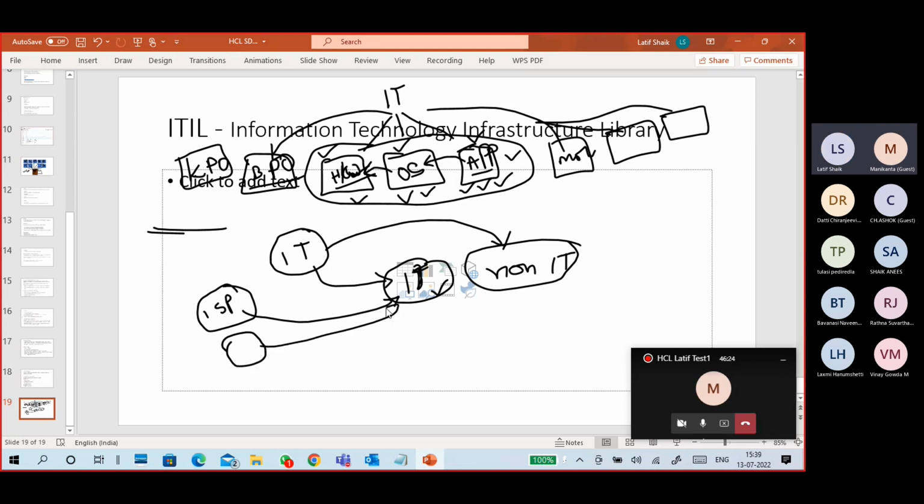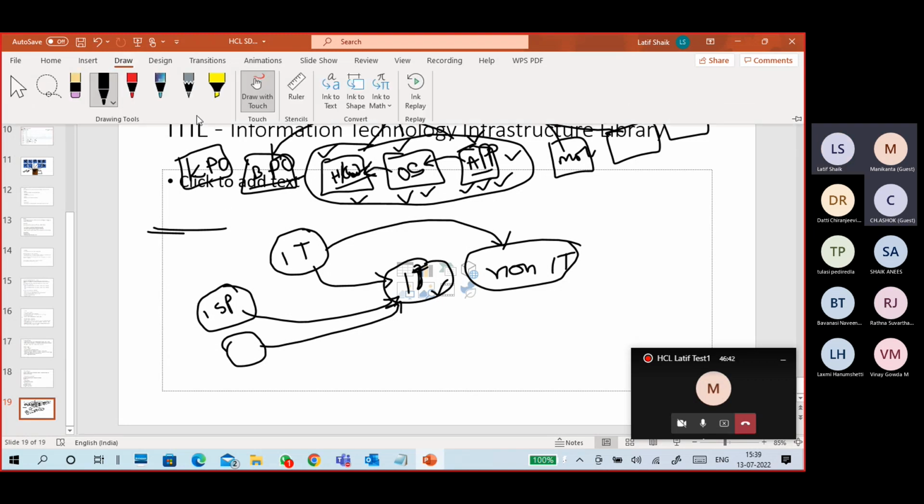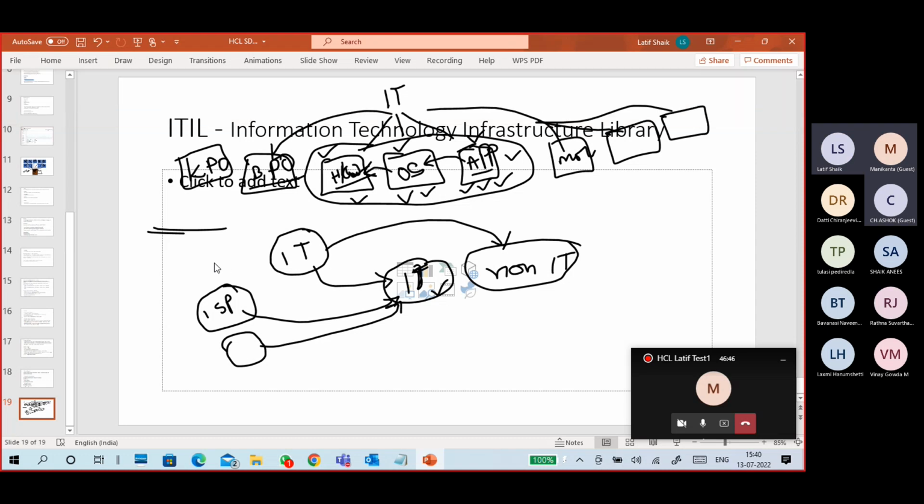I'll take them from outside. So IT depends upon other IT organizations, and IT services provide services to non-IT organizations. Okay, this is the basic point of the IT industry.